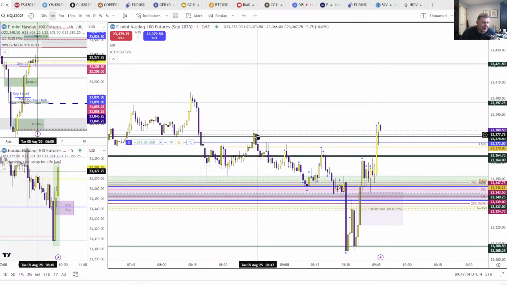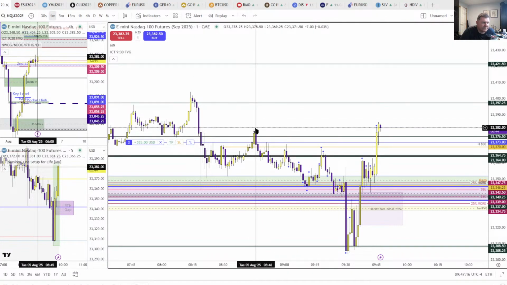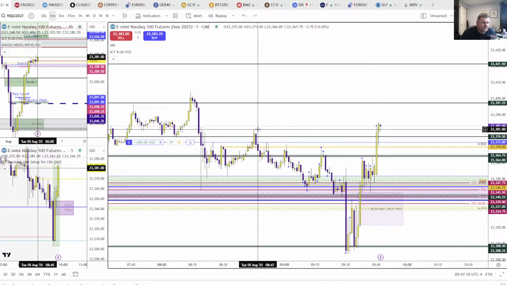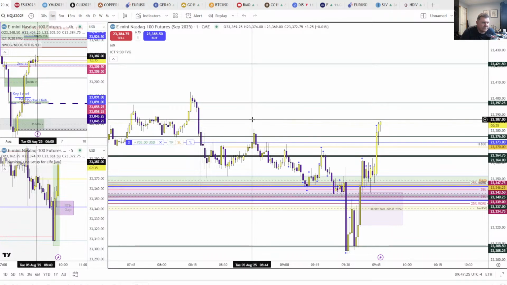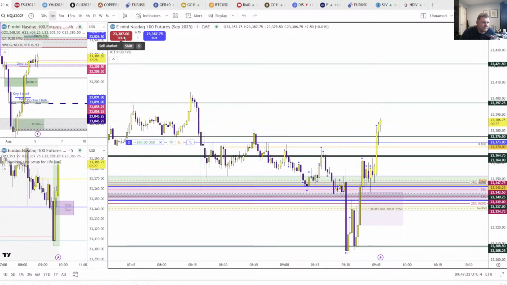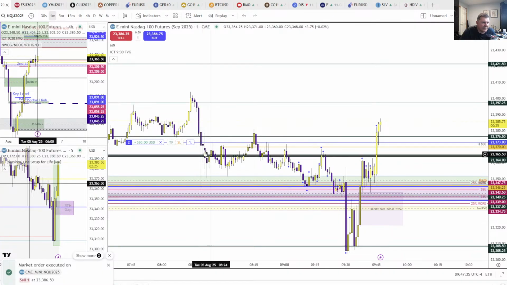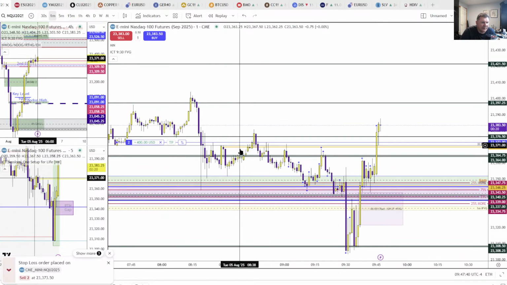We now got a body above this candle. Give myself a partial there. Move to break even.